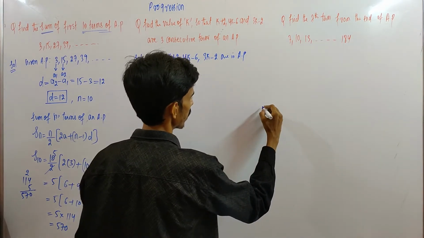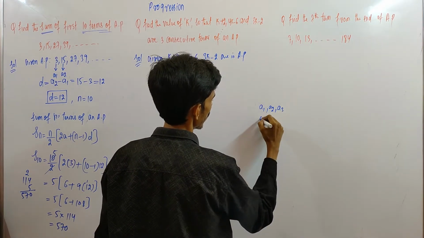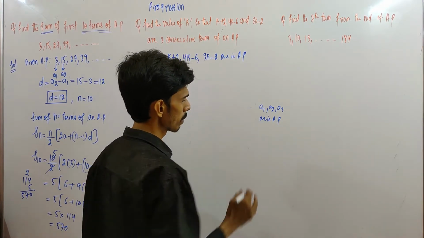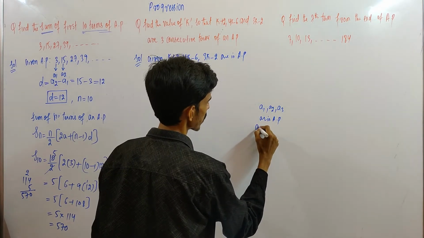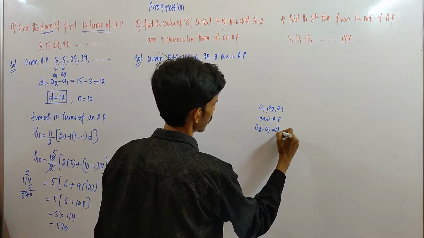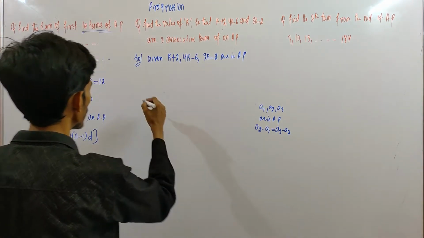We know that if A1, A2, A3 are in arithmetic progression, then the difference will be the same. A2 minus A1 is the same as A3 minus A2. We will use this concept here also.